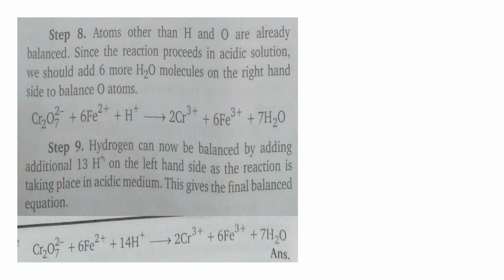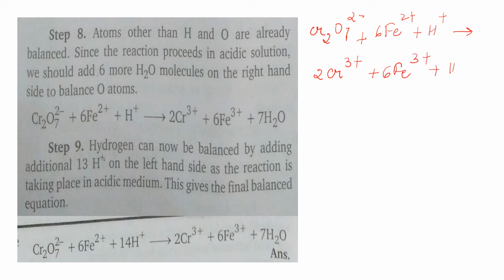So let me write here what was my equation in step number 7: Cr2O7 2- plus 6Fe2+ plus H+ is giving you 2Cr3+, 6Fe3+, H2O.